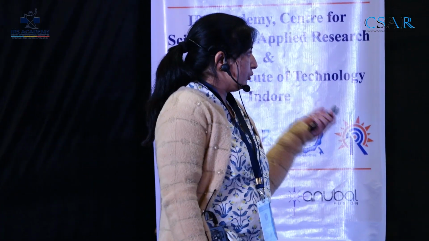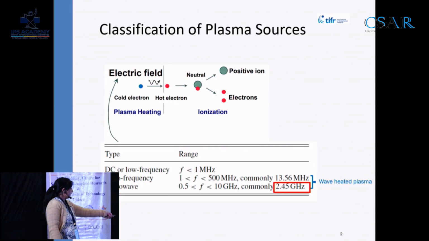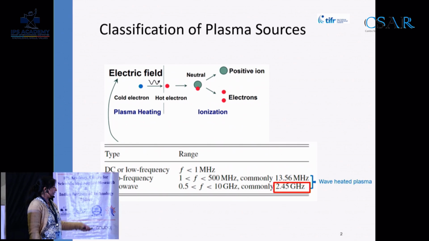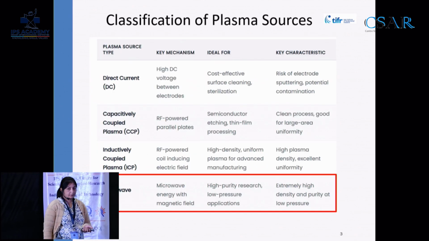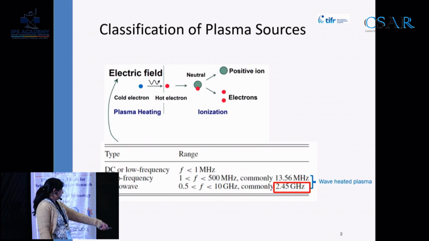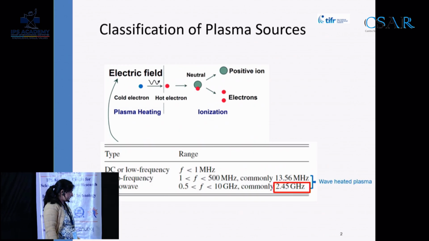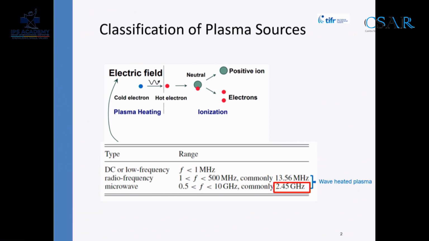These are produced by electron impact ionization, where we provide the energy using simple DC, low frequency, radio frequency and microwaves. They are in general called wave heated plasmas in the RF and microwave regions. In the microwave regime, 2.45 gigahertz is a very popular frequency.